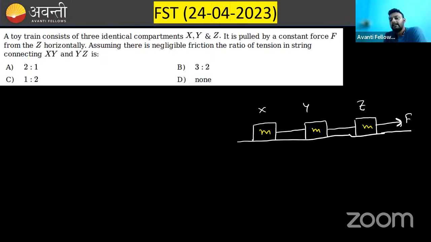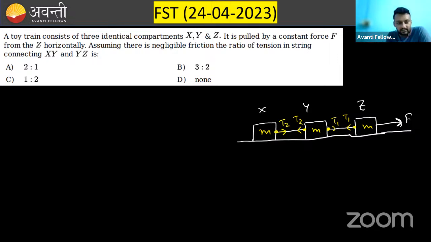One thing is clear. Now there are two strings, so there will be two tensions, and tension is always away from the contact point. So this is, let's suppose, T1 and T1. Similarly, this will be T2 and T2. This is the tension.